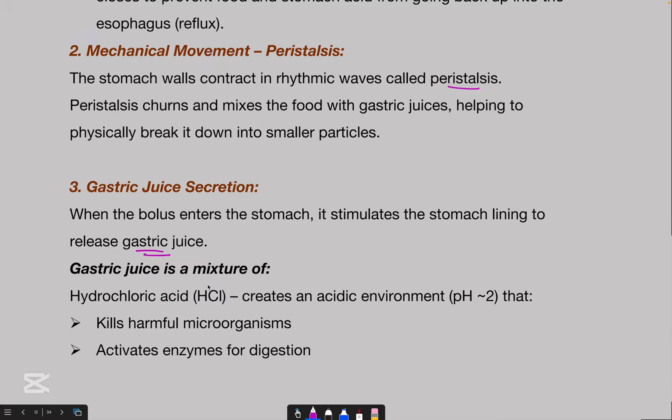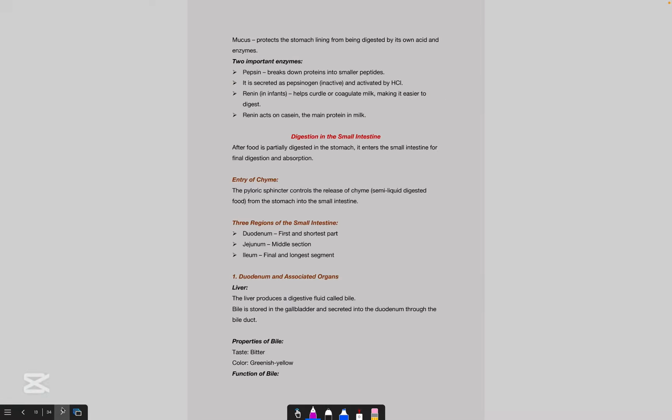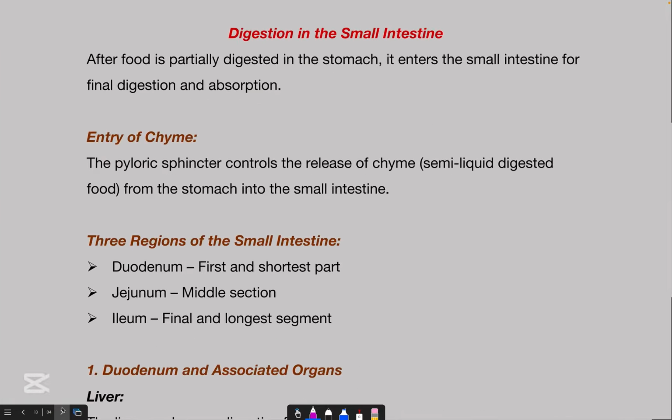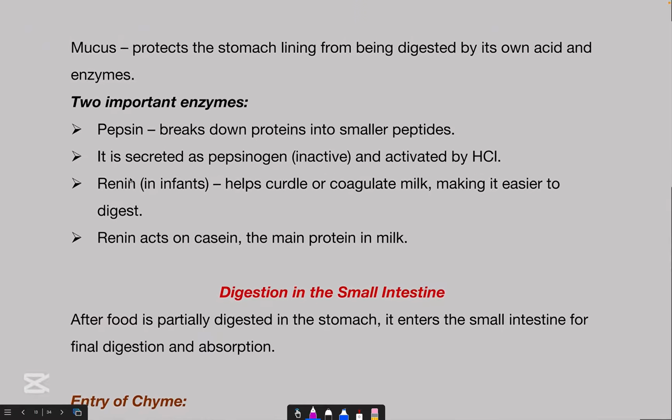Gastric juice is a mixture containing hydrochloric acid, and it creates an acidic environment of pH approximately 2, which makes the stomach highly acidic. Now, what is the function of that gastric juice? It kills harmful microorganisms and it activates enzymes for digestion.